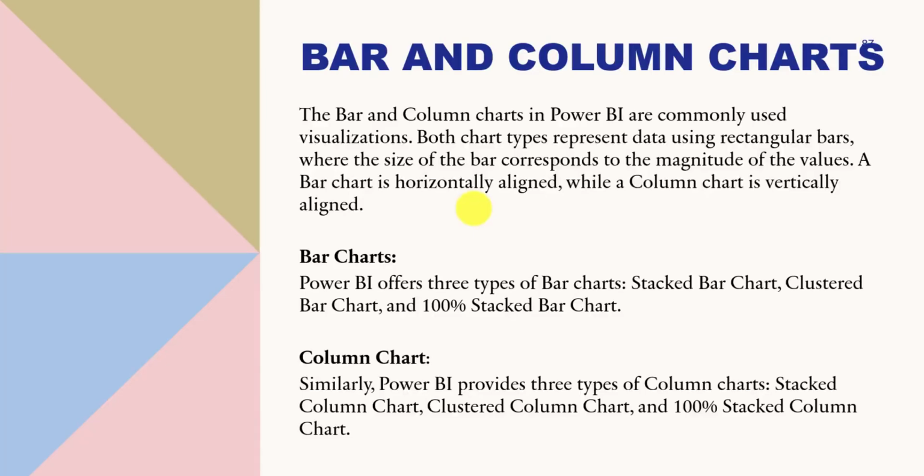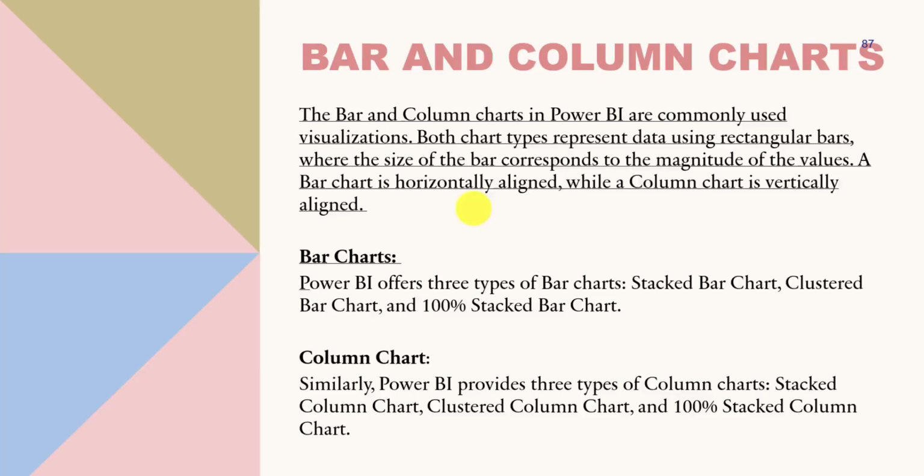Bar chart is horizontally aligned while the column chart is vertically aligned. And there are three types of bar chart available, that is stacked bar chart, clustered bar chart, and 100% stacked bar chart. Similarly, in Power BI, column charts are of three types: stacked column chart, clustered column chart, and 100% stacked column chart. So this is what the bar and column chart is.